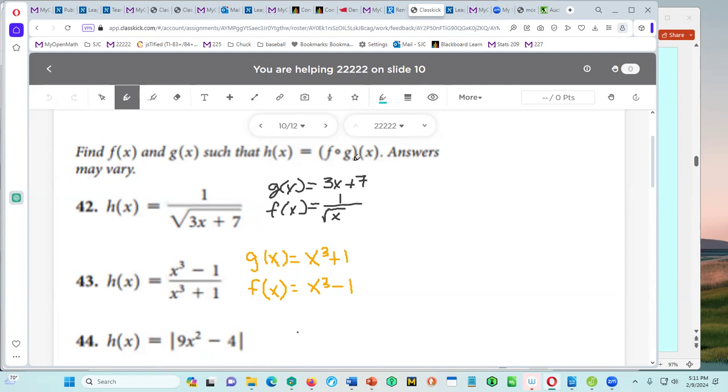Okay, so for question 43, do you have to actually solve it too? Well, you want to do the check. And so the check on your answer goes like this. Okay, f of anything is the cube of that thing minus 1. Well, what if the thing is x cubed plus 1?